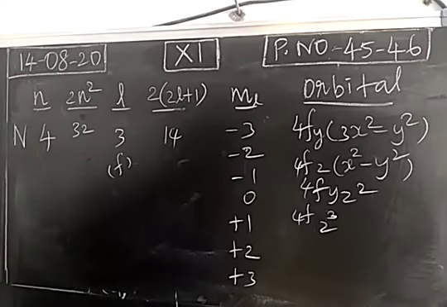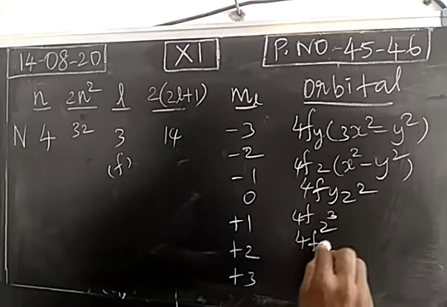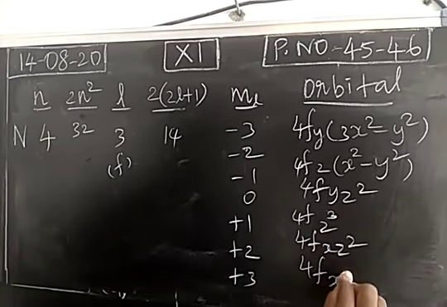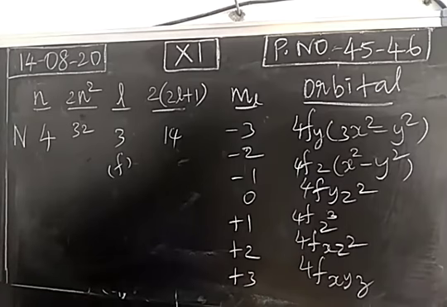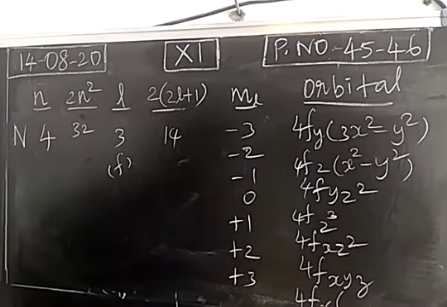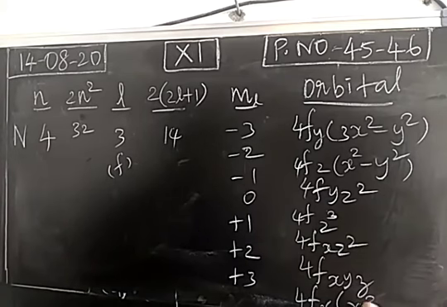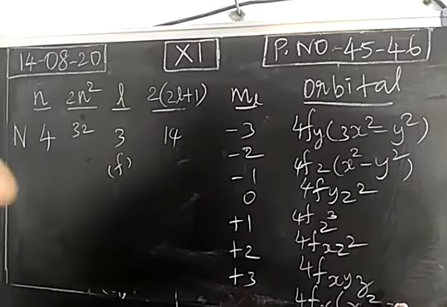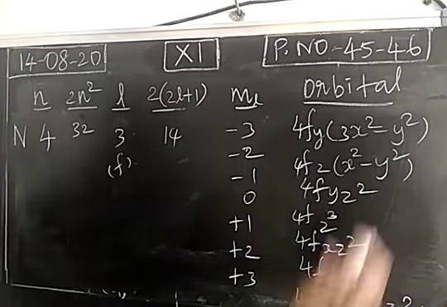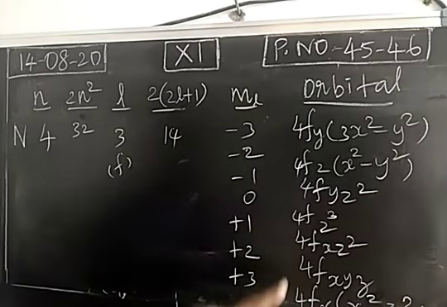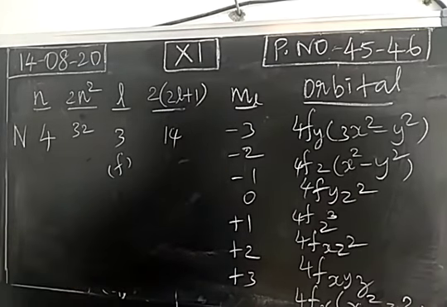Then 4f xz square, then 4f xyz. Then 4f x, x square minus 3y square. So these are all possible F orbitals. So F subcell will have 7 orientations. So there are 7 orbitals, right?